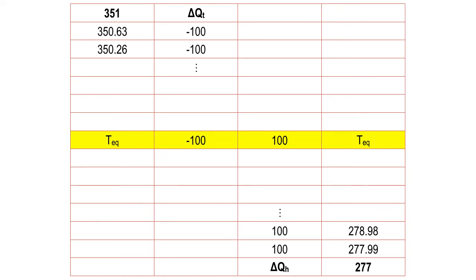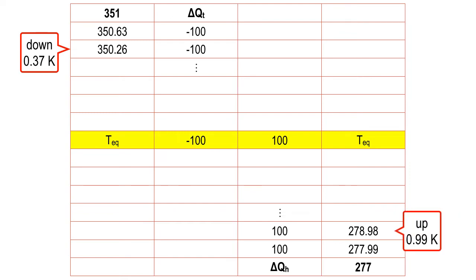So we're still inching closer, but we still have a big gap. This one's down another 0.37 to 350.26, and this one's up another 0.99 to 278.98 kelvins.